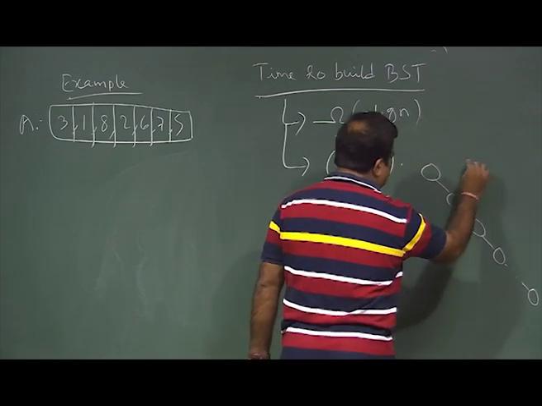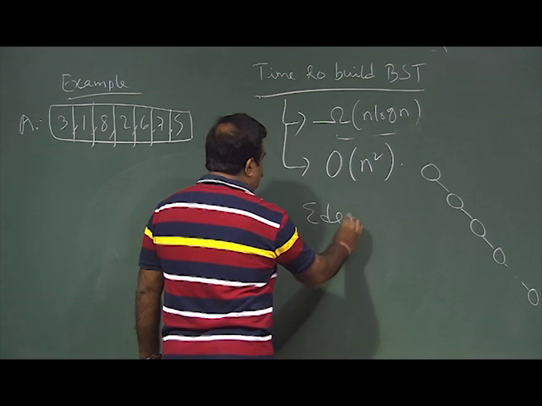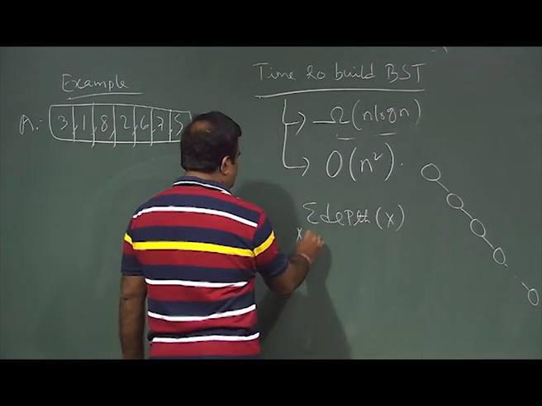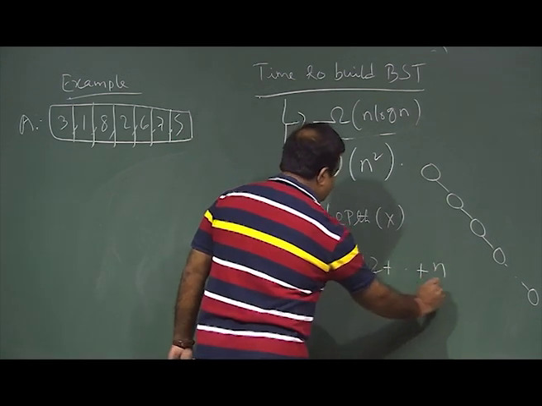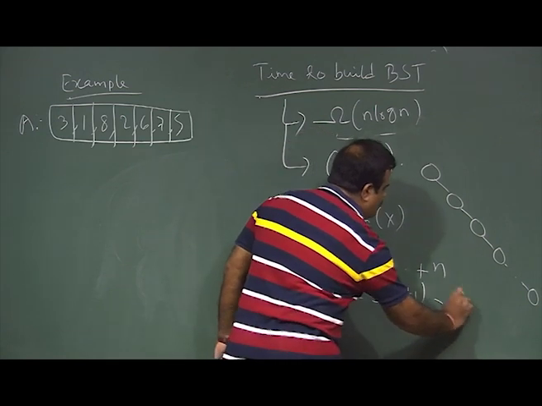If there are n nodes, then what is the summation of depth of x, where x is in the tree? This is basically an arithmetic series. So, this is n into n plus 1 by 2. So, this is order of n square.